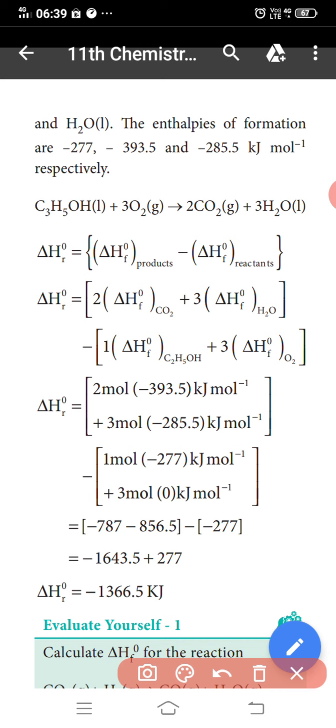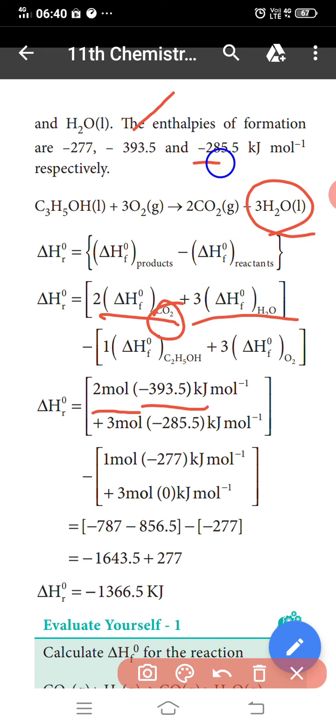First, 2 moles of carbon dioxide, with the value minus 393.5. Then 3 molecules of water are present, with the value minus 285.5.